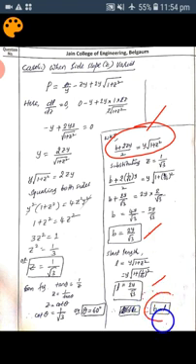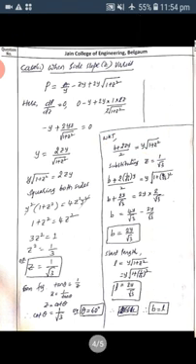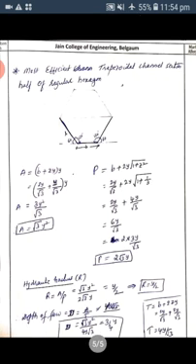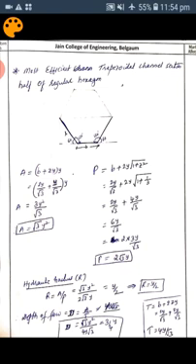When the sides are equal, that is this b is the same and this slant length is the same, we are getting b equal to L. So it means all the three sides have the same length.